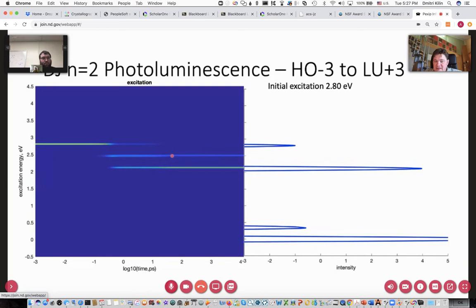And then, David, would you please bring your laser marker onto the time-independent peak at 0.3 electron volts?